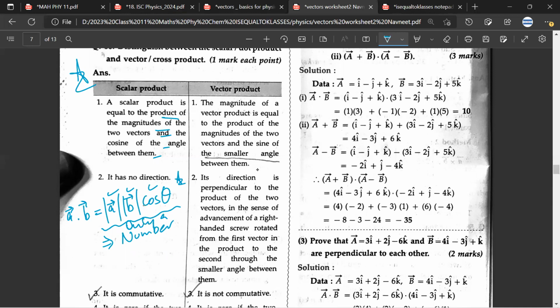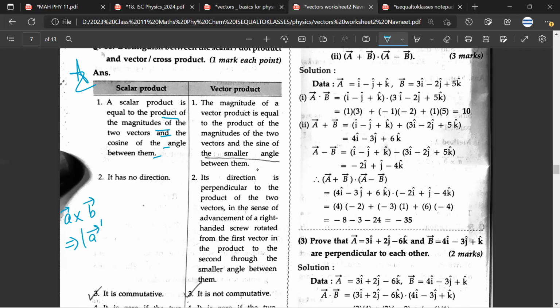Yes, sir. So if I write the definition of a vector product, this is how it looks: A cross B is the magnitude of A, magnitude of B, sine of the angle between them, and then there is a unit vector.